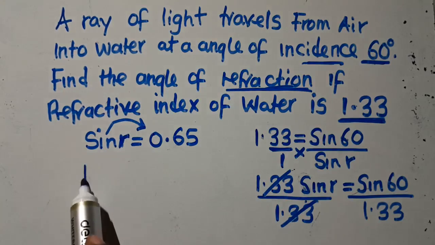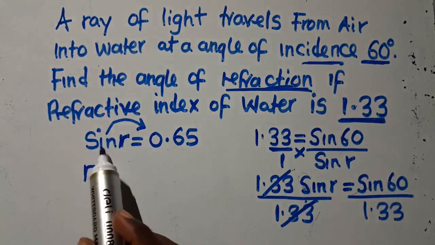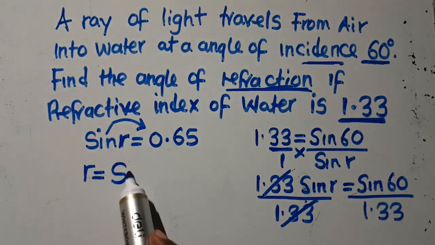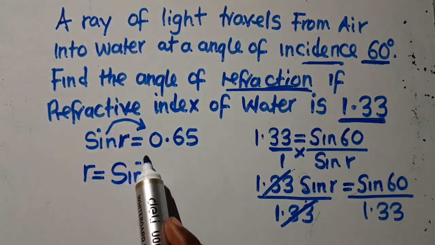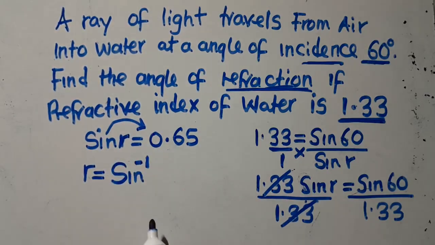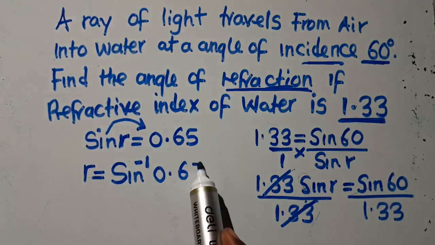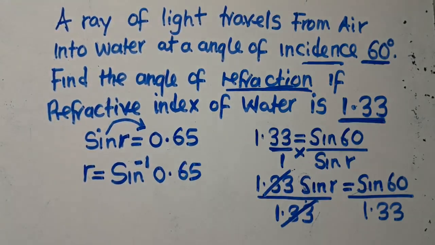So you say r is equal to sine inverse, sine power -1 of 0.65.